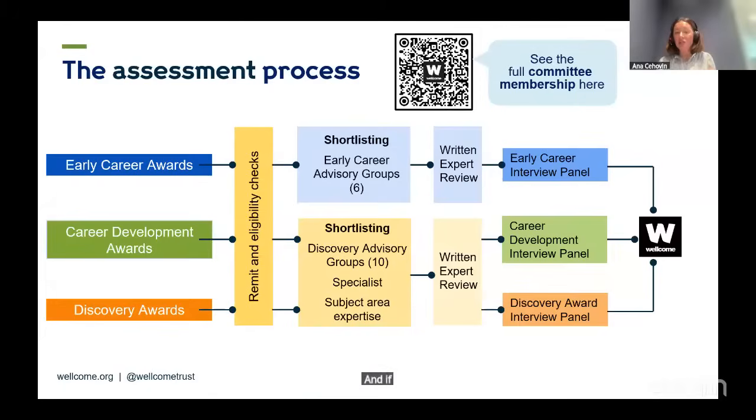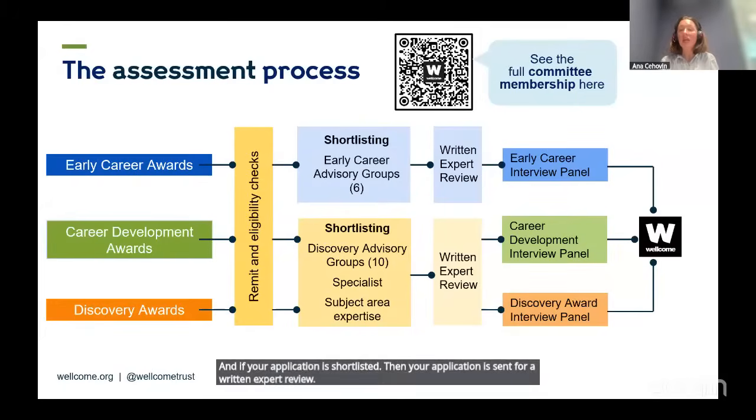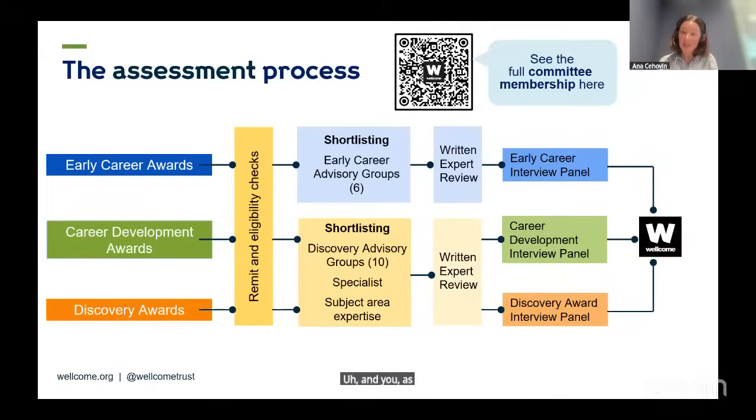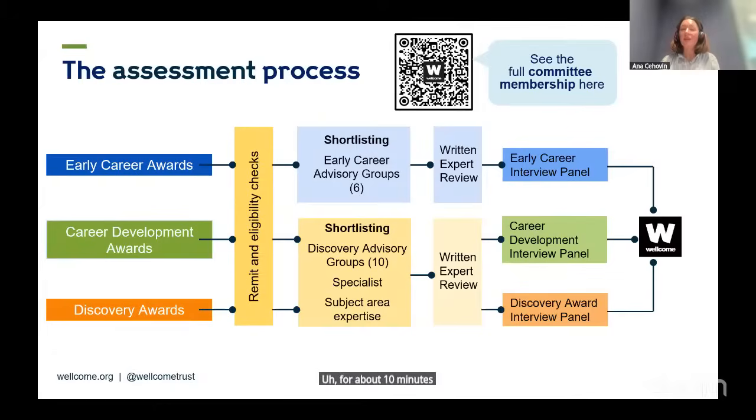If your application is shortlisted, it is sent for written expert review, and you as an applicant are invited to attend the interview. At the interview, you will have the opportunity to present your research for about 10 minutes and then answer questions from the panel.